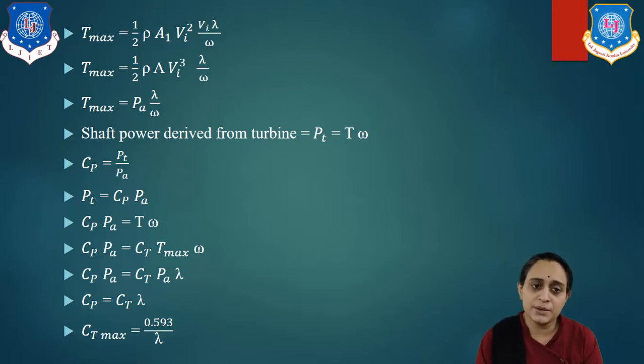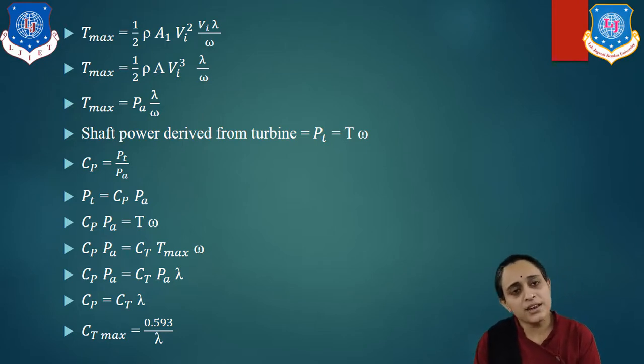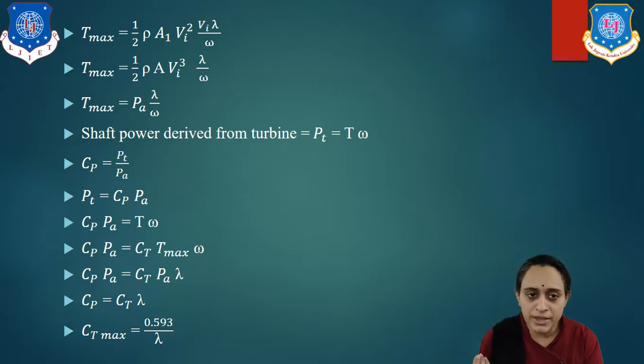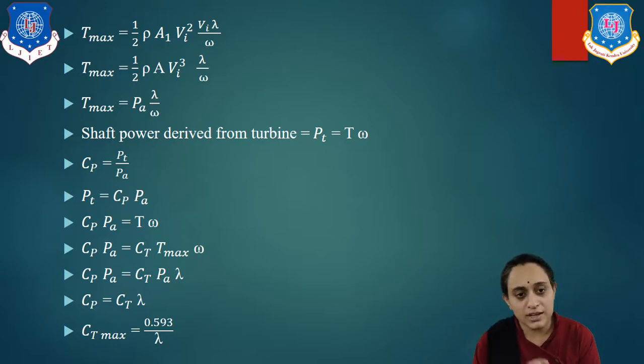So we can write Pt is equal to Cp into Pa, where Pa is the power available, the power in the wind. So we can write Pa into Cp is equal to T into omega if we solve this equation. So finally we can write Cp into Pa is equal to Ct into T maximum into omega. So finally we can write Cp is equal to lambda into Ct.